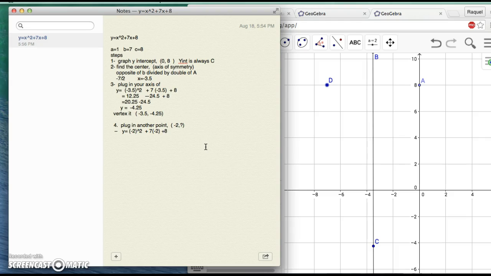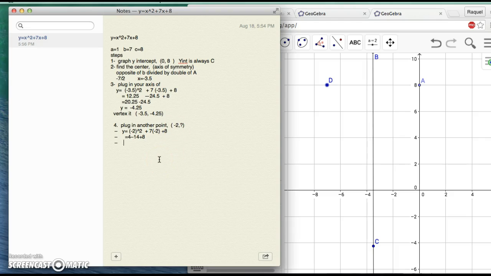Okay, and then that's going to equal... any negative squared is going to be positive, so it's going to be 4 minus, okay, and then this is -14, and then plus 8.